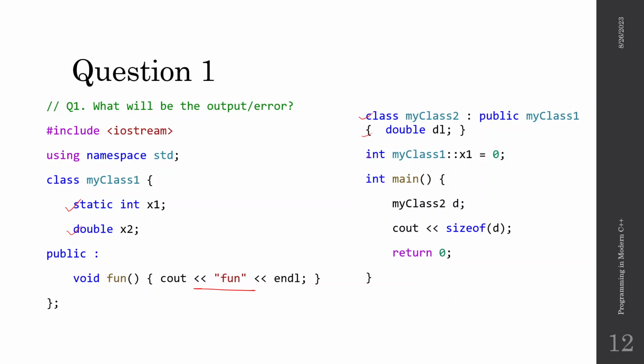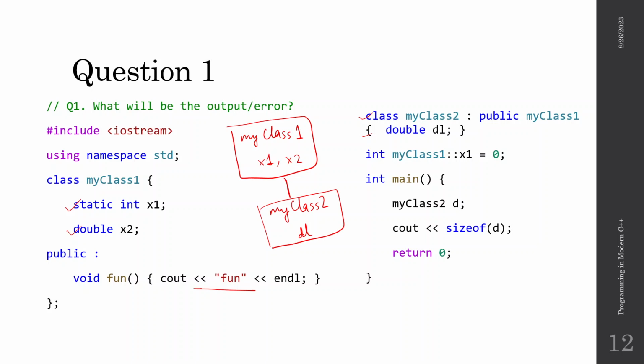And then if we draw the class hierarchy, we have my class 1 with the data members x1 and x2. Then you have my class 2 with the data members dl. And then my class 2 inherits from my class 1. Okay, and here we also initialize the static data member x1.